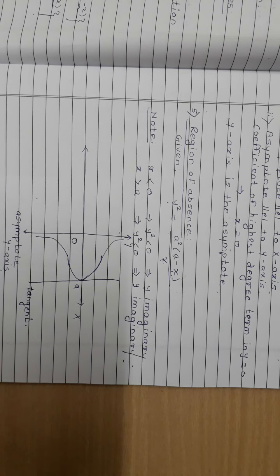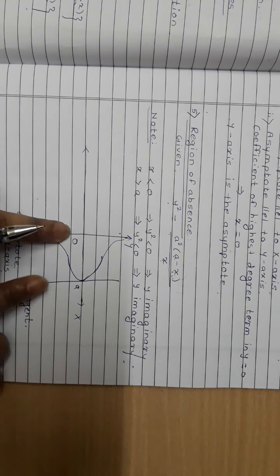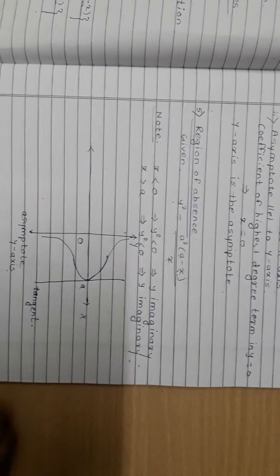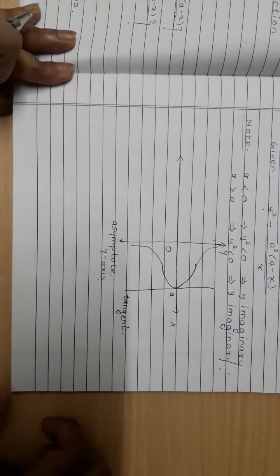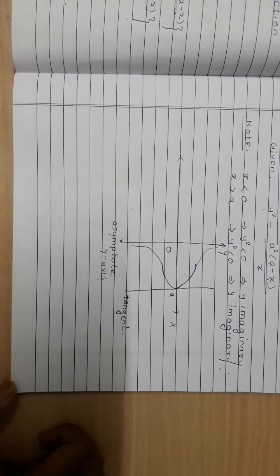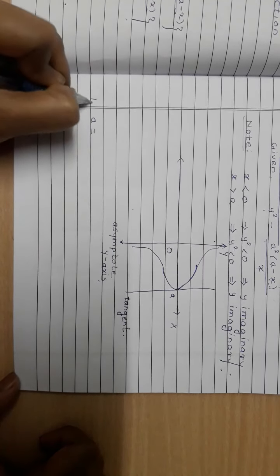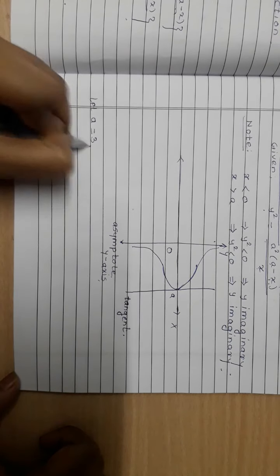And here you can just note that when you increase x from 0 to a, y is decreasing, right? You can verify this by just taking some values, a set of values, to check whether your curve is correct or not, right? Say let's assume a is 3, right?